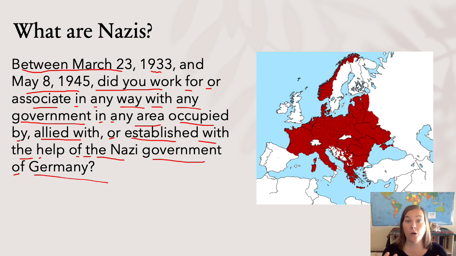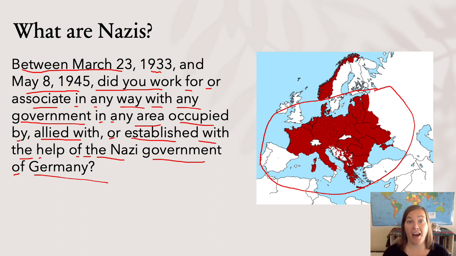So during World War II, the Nazi government in Germany went into other countries and invaded them with their army to take control. So then the Nazi government had control of a large part of Europe. We can see here they are in France.